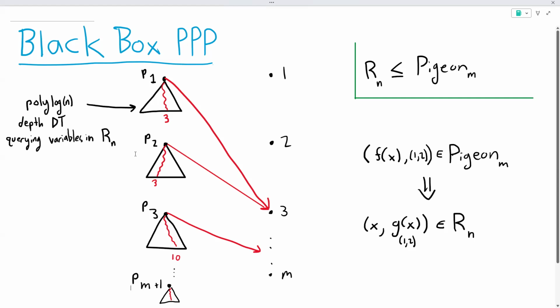Okay, so in this picture, we have p1 and p2 colliding on hole 3. So if this is in fact a solution in pigeon of m, then we should expect that the reverse map taking solutions from pigeon to R will provide a valid solution for R.